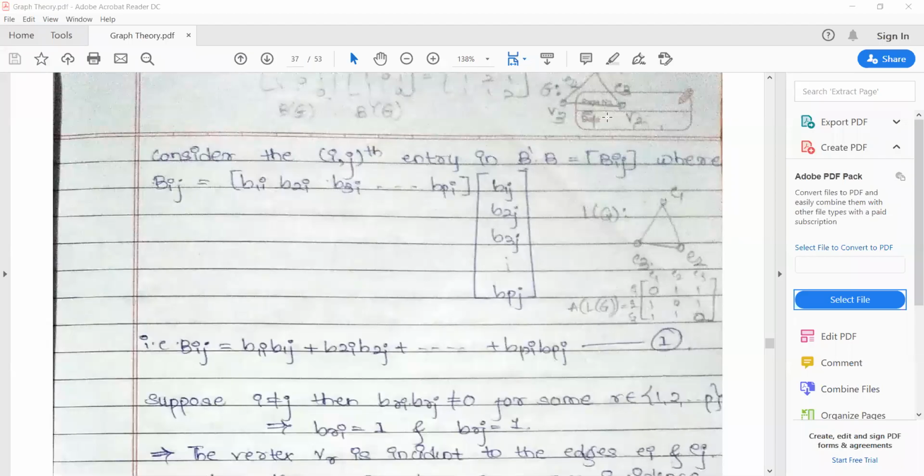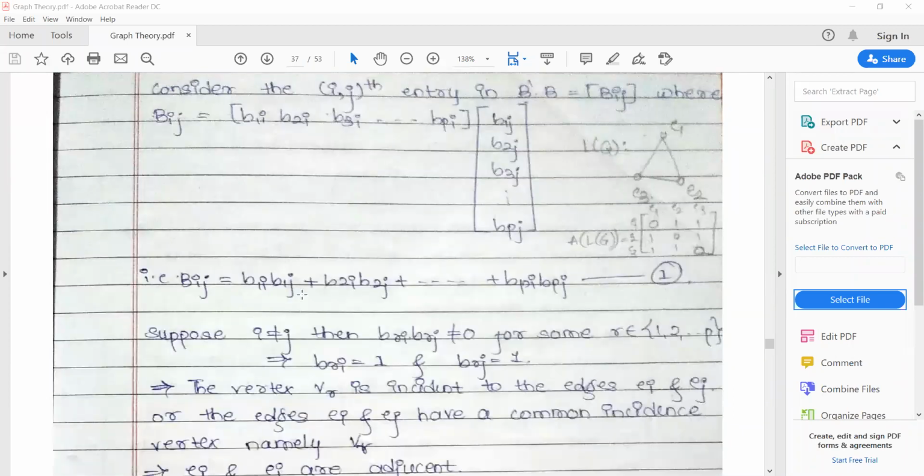So in that product, one element is taken: the ith row and jth column elements you have multiplied. That multiplied element you are getting is this.